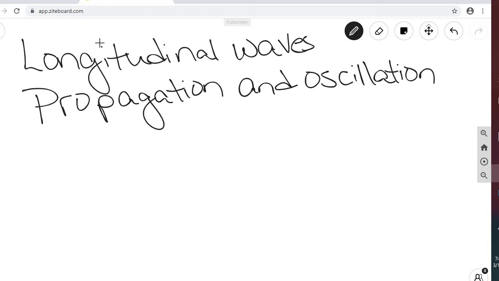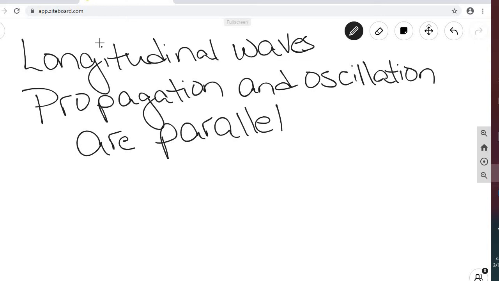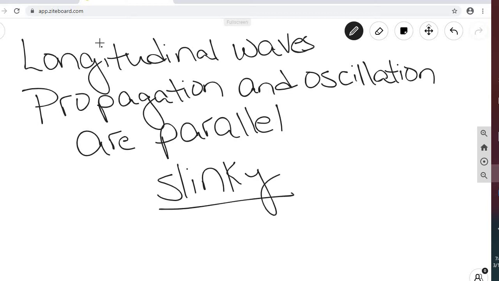So propagation and oscillation are parallel. The best example of this, and it's unfortunate that we can't look at this, we'll look at it when we do get together in class, is a slinky. If you've ever played with a slinky, that is a good example of a longitudinal wave.